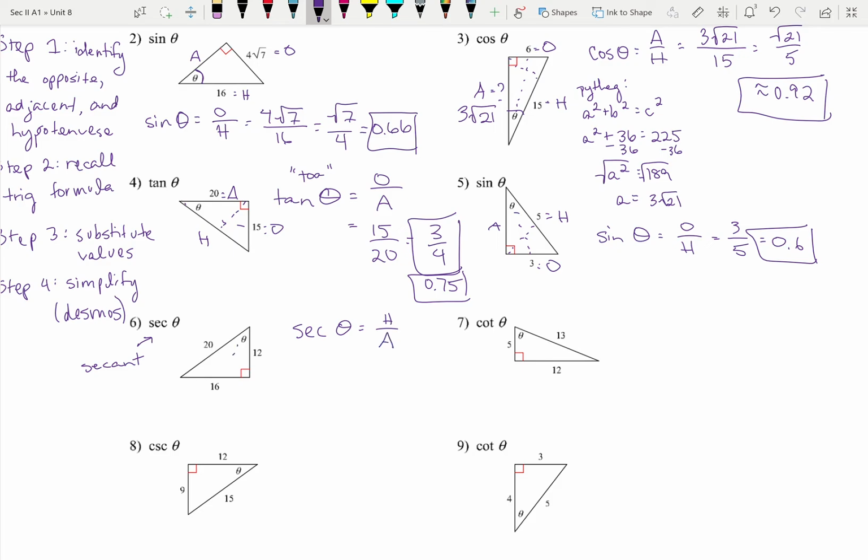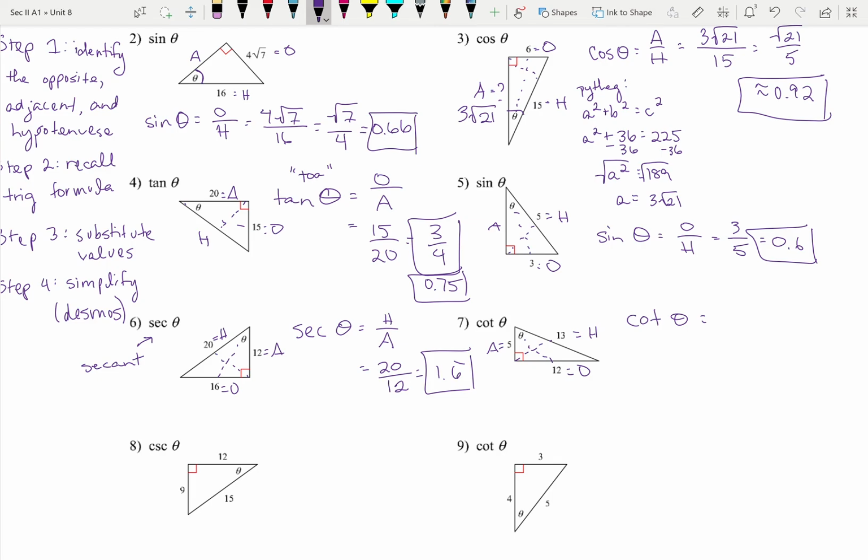So now I've got opposite, hypotenuse, adjacent. So hypotenuse is 20, adjacent is 12. If I simplify that, I'm going to get 1.6 repeating. Okay, number 7, cotangent. So here I've got opposite, hypotenuse, adjacent.